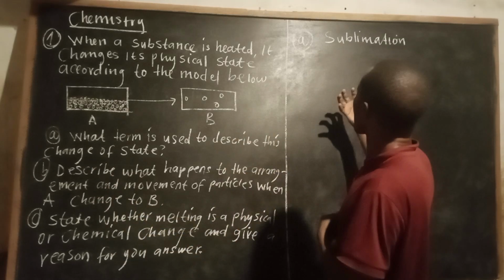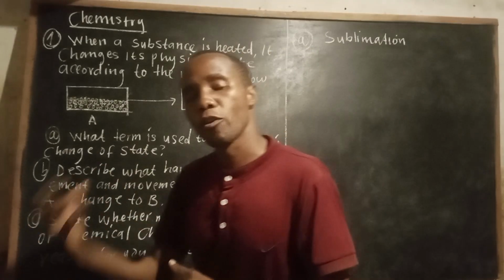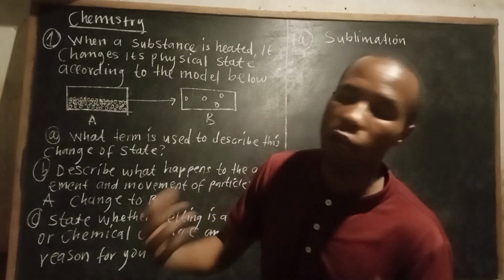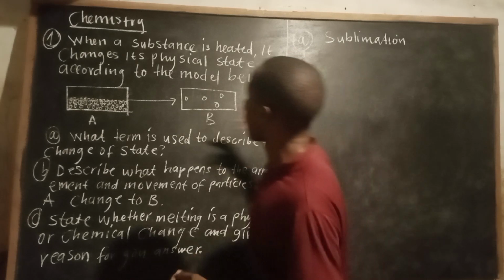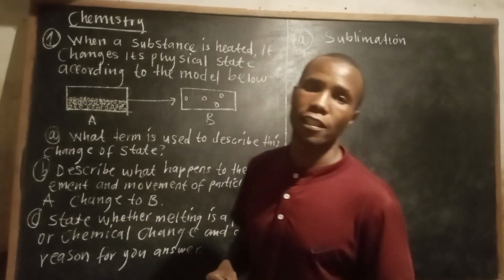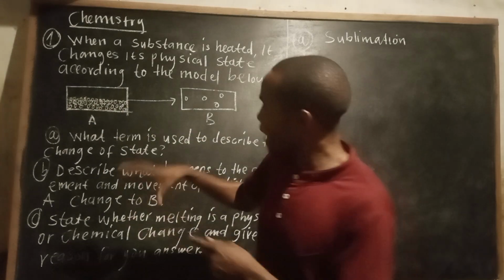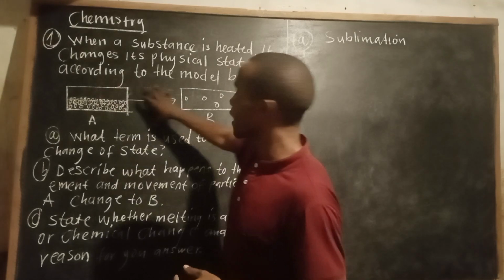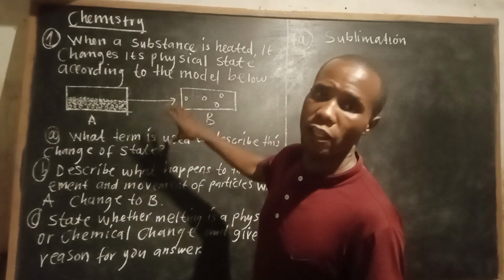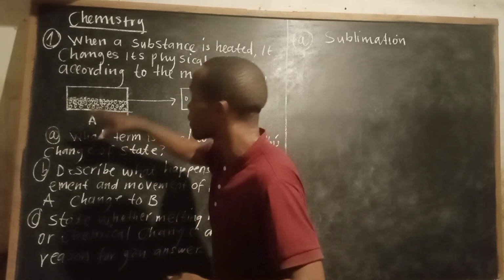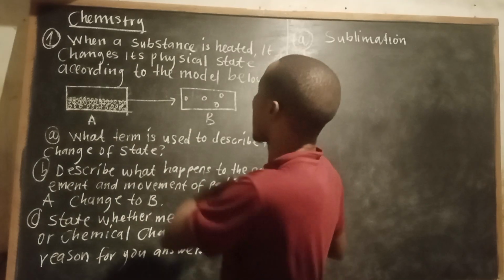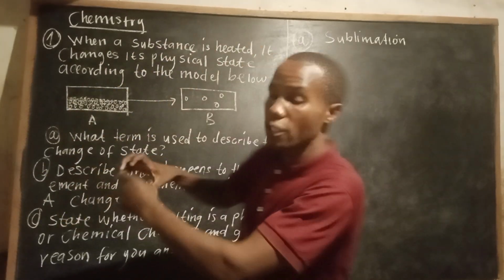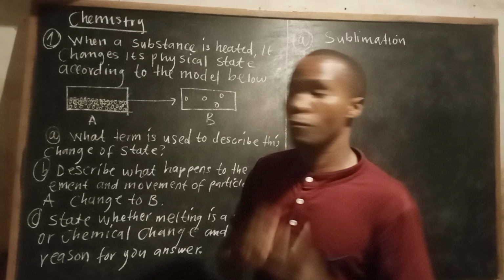Once you cool the ammonium chloride, ammonium sulfate, carbon dioxide, iodine, automatically it will go back to solid state directly. That means the liquid state in between is skipped. So this change is called sublimation.